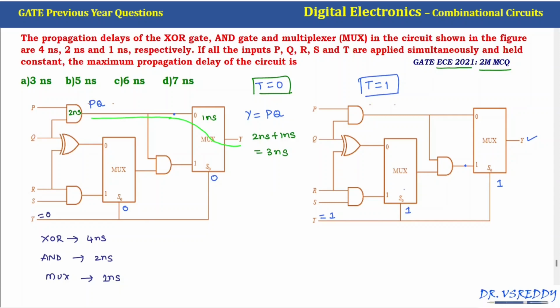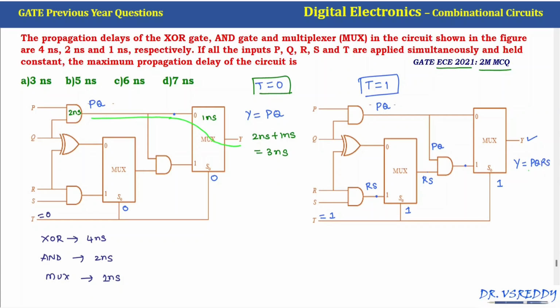When T is equal to 1, the output of the mux depends upon the line of R and S, so the output is RS. The other input of this AND gate is the output of the AND gate of P and Q, which is PQ. So Y is equal to PQRS.